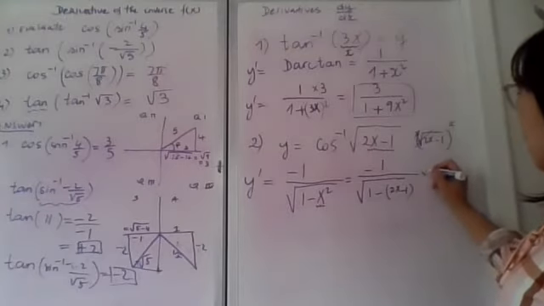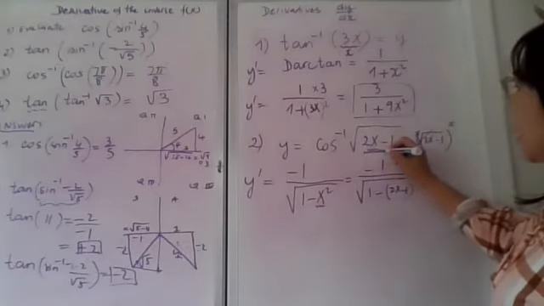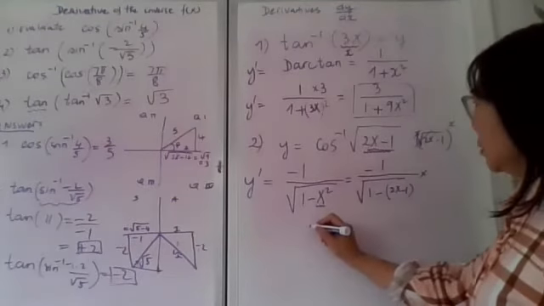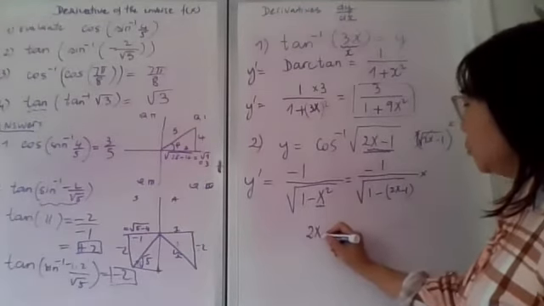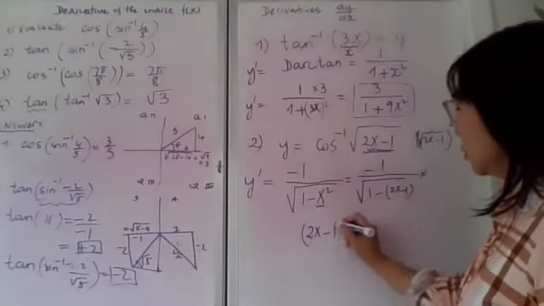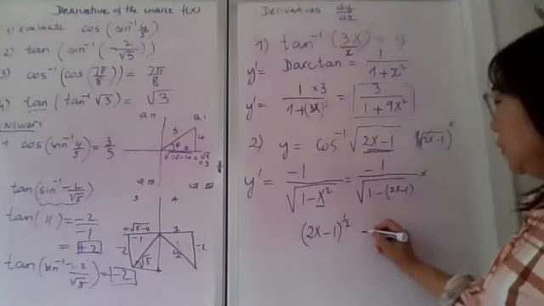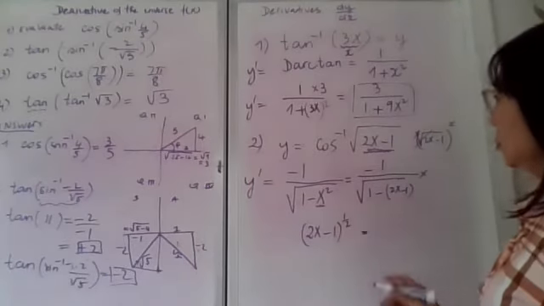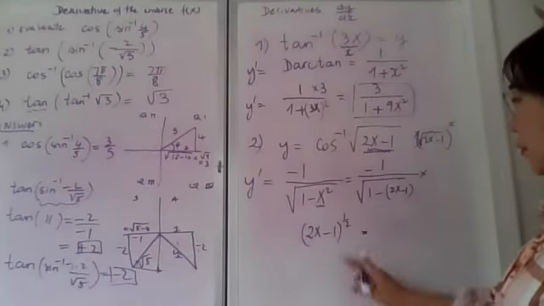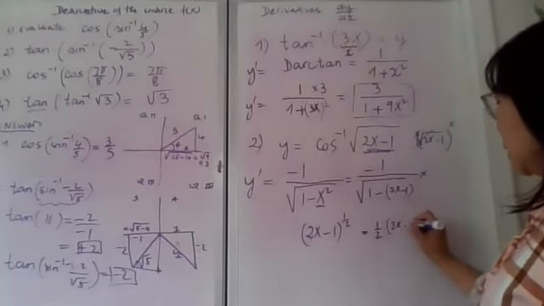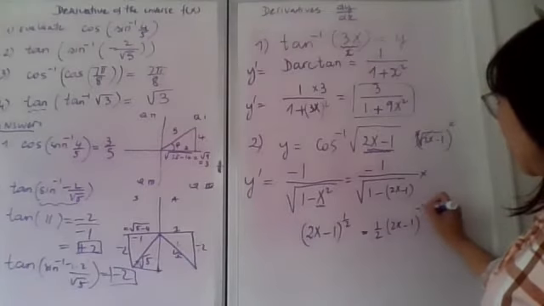Now we have to times with the inner derivative. And what is the inner derivative? Now we know that we can rewrite this as 1/2, right? This is the angle. The derivative of this angle is 1/2, 2x minus 1 to the power of minus 1/2.